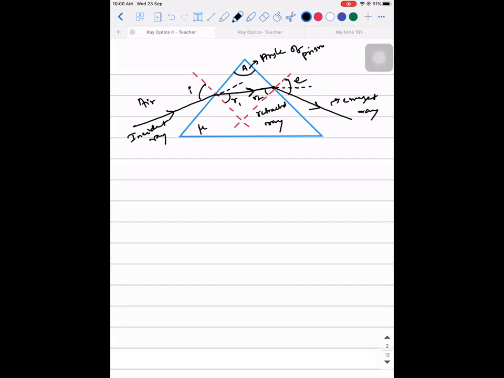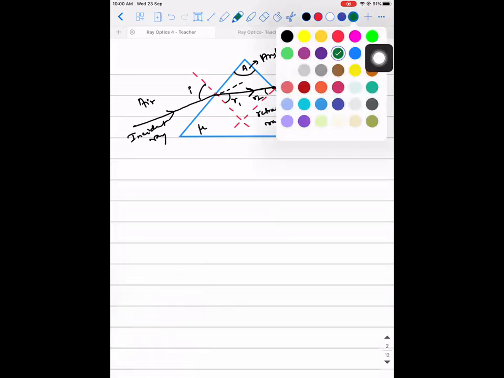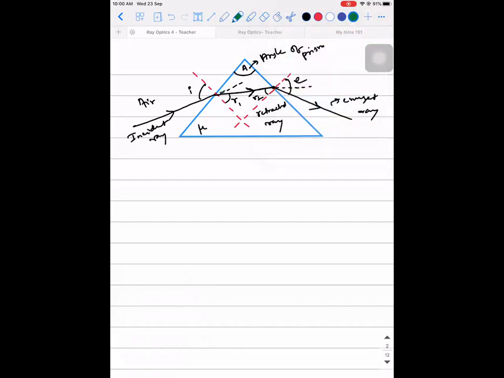Okay. Now observe one important point. I'm using a different color. Okay, I'm using green. See, this is the actual path, right? So what do I mean by actual path? Had the prism concept not existed at all, the ray would have continued to move in the same straight line, right?